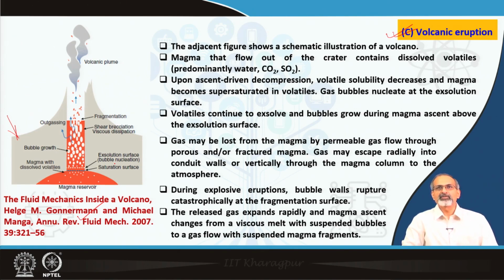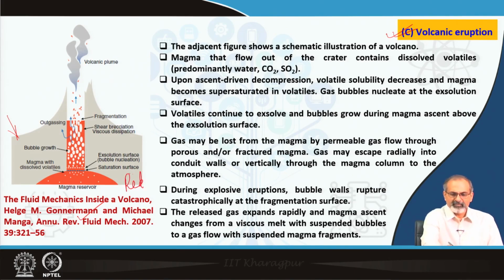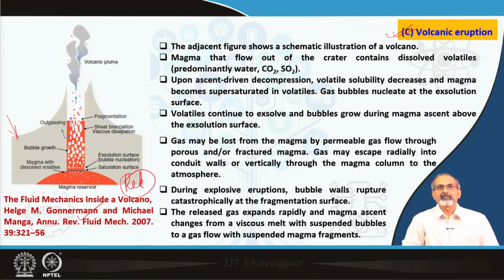The figure shows a schematic illustration of a volcano. Magma, which is colored in red, that flows out of the crater contains dissolved volatiles, predominantly water, carbon dioxide, sulfur dioxide and so on.